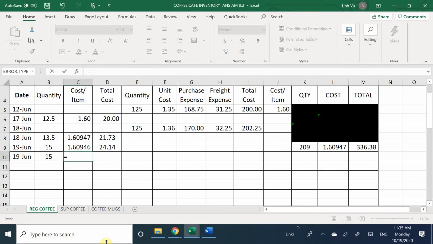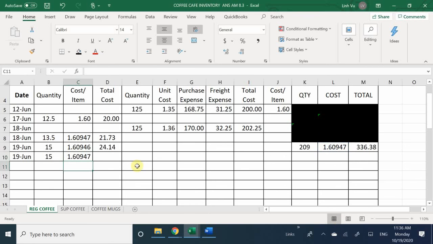And what is our cost per item? 1.60947. Mm-hmm. And we're going to apply that same equal round formula. And what do we get? 24.14. Okay. So let's go ahead and update our inventory.